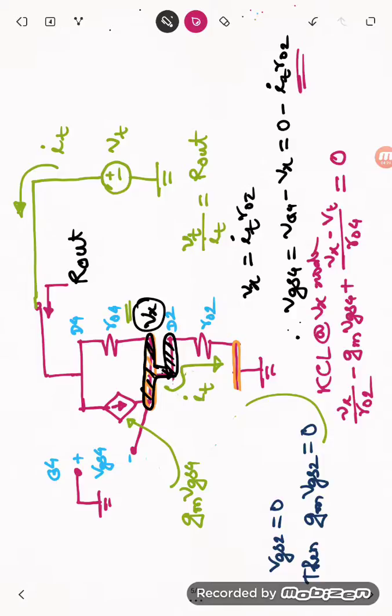Now if you simply replace these VGS4 and Vx values in this expression, hopefully we'll have an expression for this output ratio. Then we'll find the ratio of Vt and It from here.